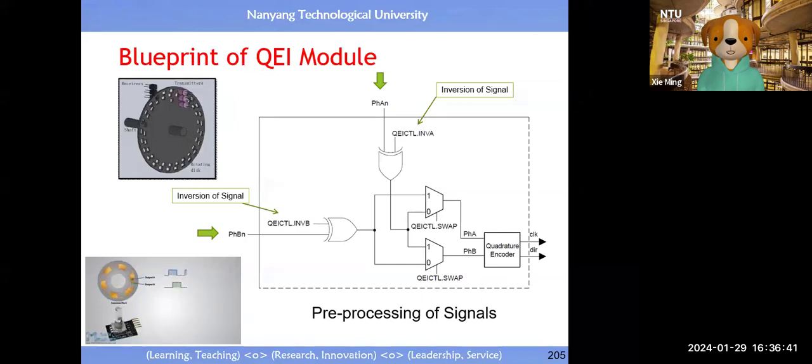You see, you have phase A, signal B, plus a reference signal, right? And this one gives you more flexibility. Signal A by default is a positive pulse. In case your sensor outputs a negative pulse, you can also handle it by inverting your pulse internally, right?